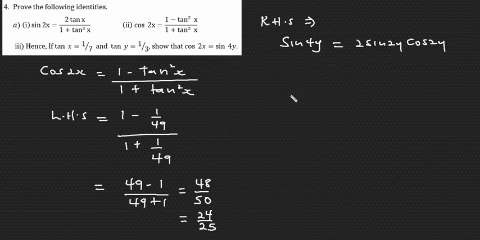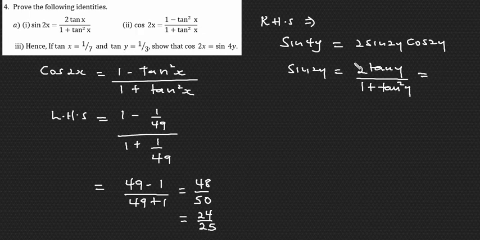So if we find sin 2y using this, where I have sin 2x, this will be 2 tan y over 1 plus tan squared y.